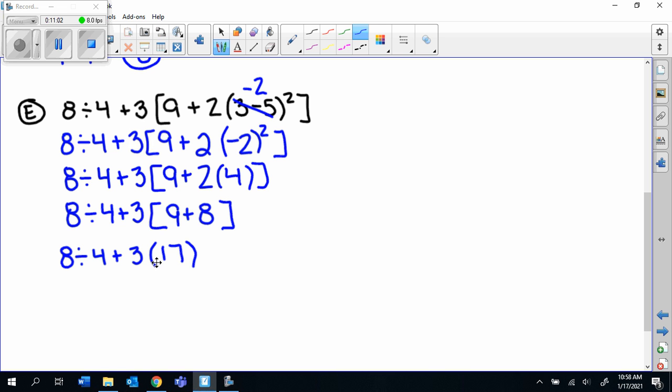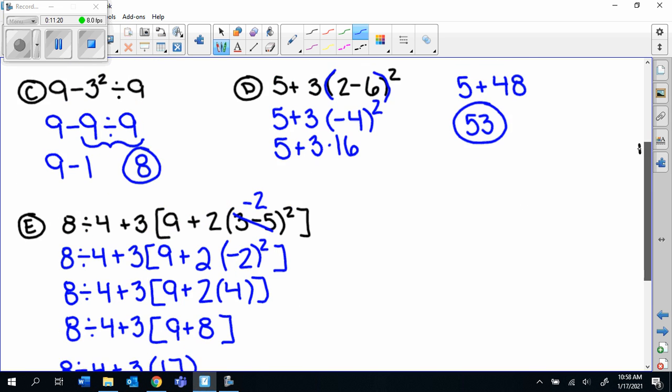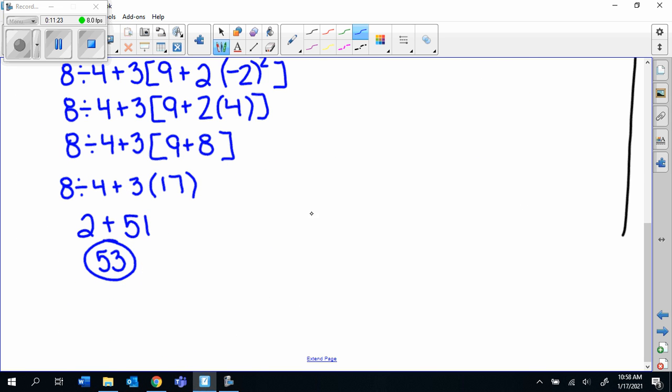So I'm going to work from left to right, and I am going to divide first. So 8 divided by 4 is 2, plus 3 times 17 is 51. And so now I can do 2 plus 51 is 53. Is that what this answer was too? Wow, that's so coincidental.